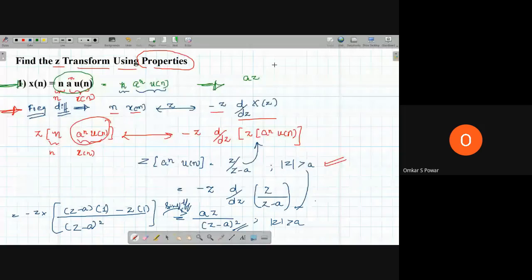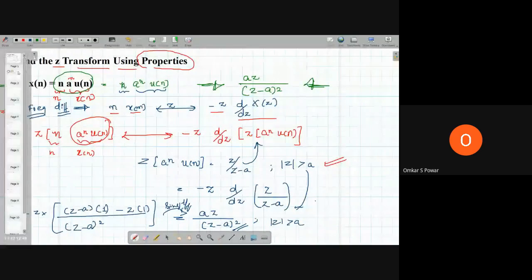Okay, so if you see the previous problem, what is this z transform of x of n? z transform of n a power of n u of n is nothing but a into z divided by z minus a the whole square. So this you have to remember. This previous problem, we can use that directly here.